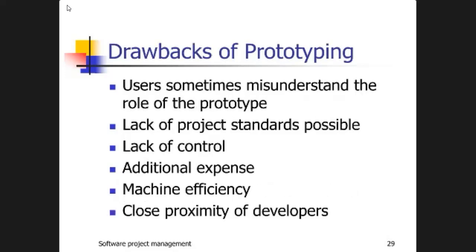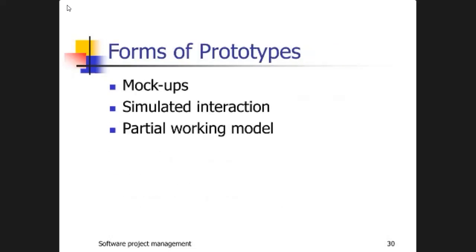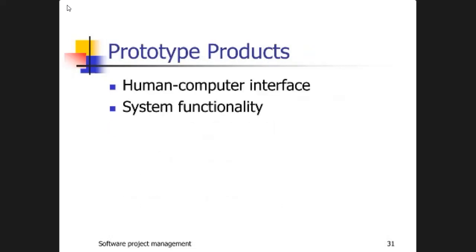These are the drawbacks of prototyping. Users sometimes misunderstand the role of the prototype, lack of project standards possible, lack of control, additional expense, machine efficiency, close proximity of developers. Forms of prototypes: mock-ups, simulated interaction, partial working model.